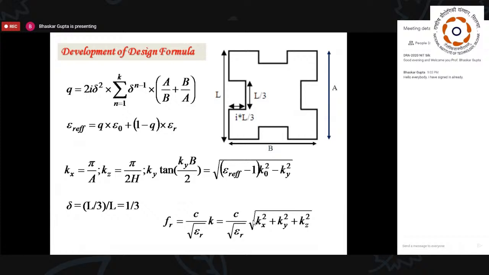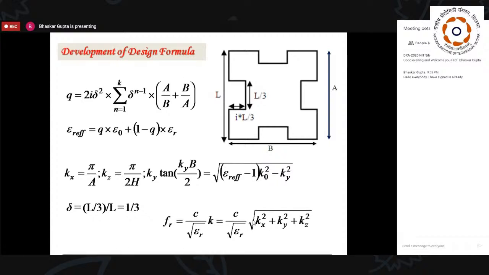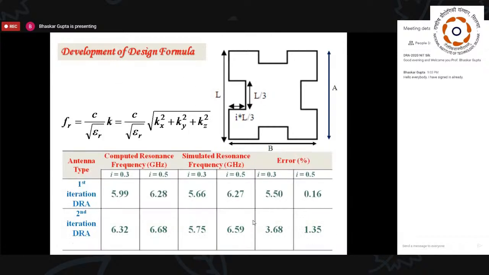Well, it doesn't correspond to that delta of the mode number, that corresponds to the number of half cycles along the vertical side. Anyway, after that we can calculate the resonant frequency using these. So these can be used for design of the structure as well.